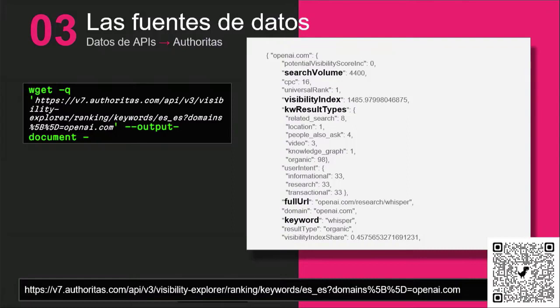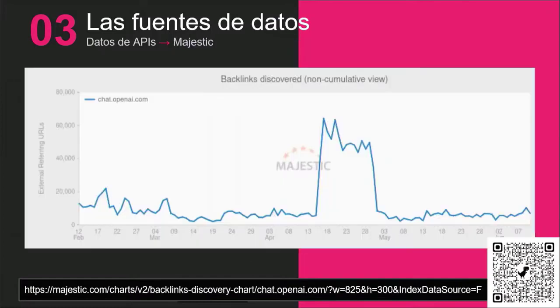We can also see the visibility index and the types of keyword results, the same as you had here in the link, in the URL. So those are the full URLs and keywords. This is another case, Majestic.